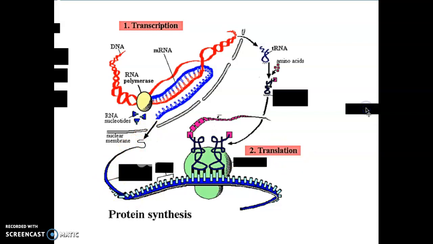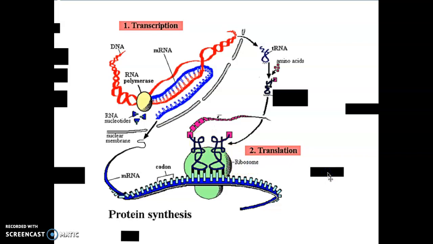So now the RNA can leave the nucleus and go to part 2 of protein synthesis, which is translation. We're going to change the language. We're going to change the A's and U's and C's and G's to amino acids, lysine, tryptophan, glutamic acid, and so on, okay? So here's our messenger RNA strand. Remember, every 3 pieces is called a codon, okay? This crazy looking thing here is our tRNA molecule, and it meets up at the ribosome, because remember, the ribosome is what makes the protein, okay?